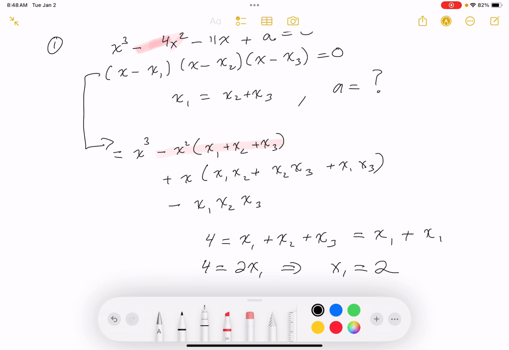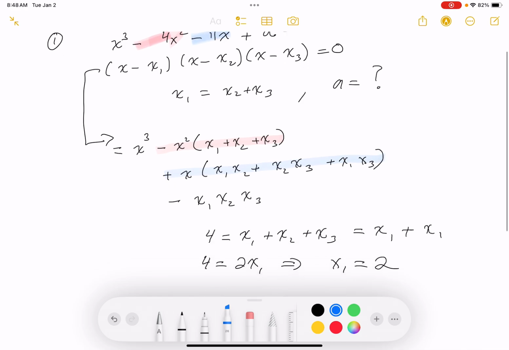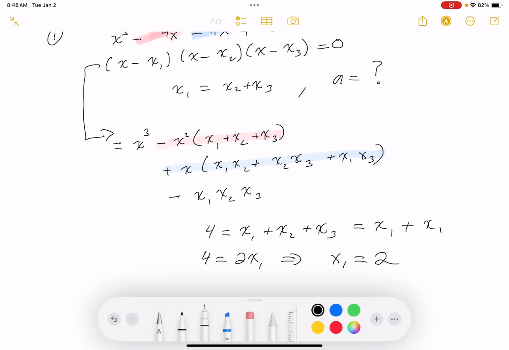And now I want to go to the next thing, which is equating another coefficient. See what happens there. And let's talk about this linear term over here. All right? So I'm going to write down that minus 11 is equal to, let's see, x1, x2, x2, x3, x1, x3.